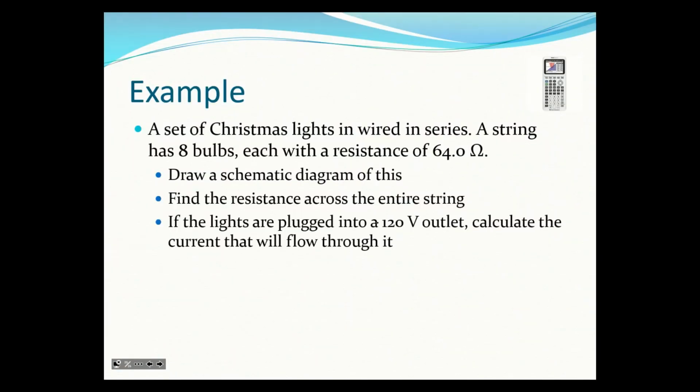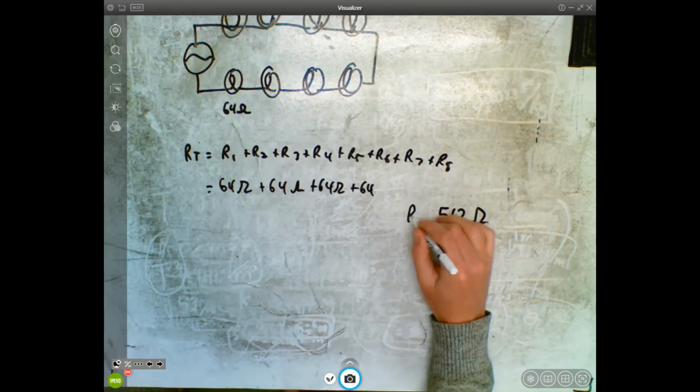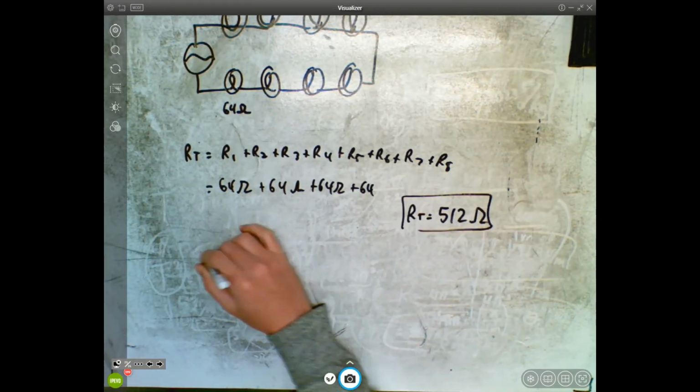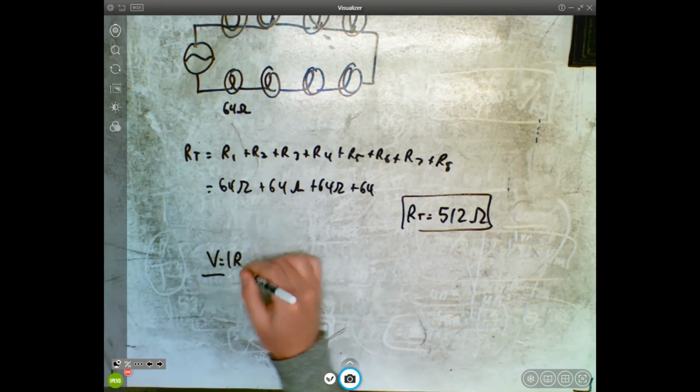Okay, so there's a second part to this question. It says, if the lights are plugged into a 120 volt outlet, calculate the current that will flow through it. So we need to use that total resistance, and we can use Ohm's law along with that. V equals IR. If we want to find the current, we can move our resistance total down below.